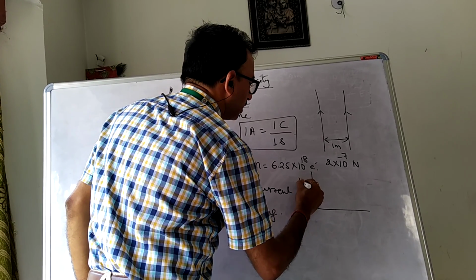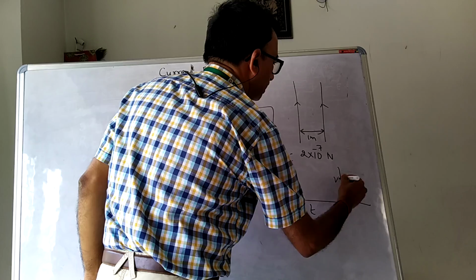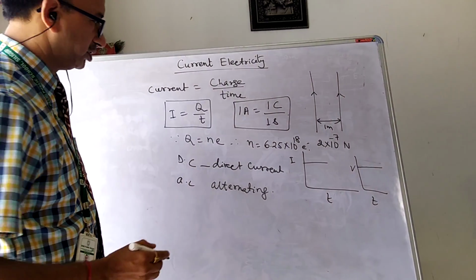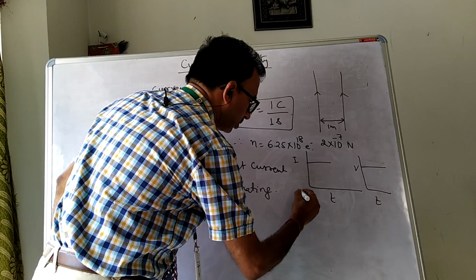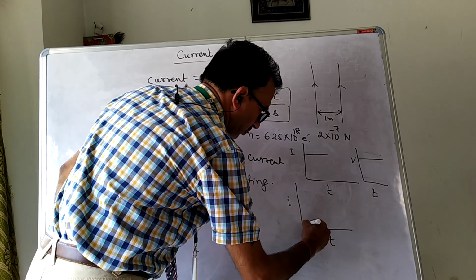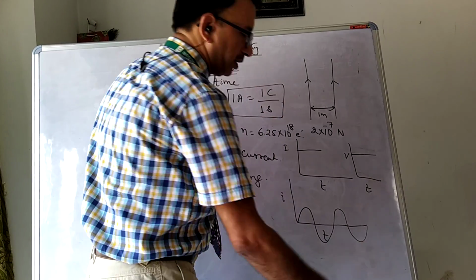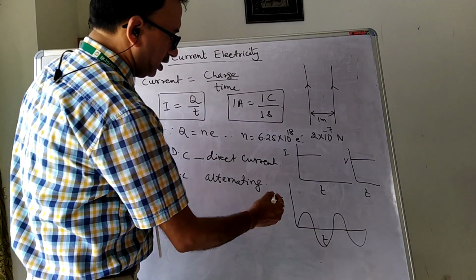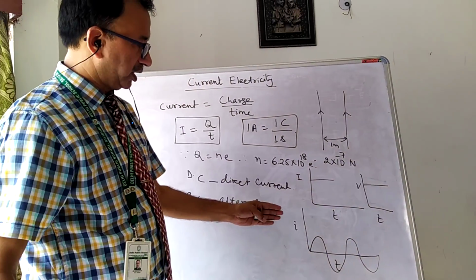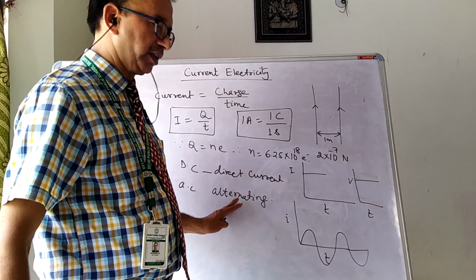When you plot a graph of I versus t or V versus t, the graph is like this. This is called a DC source or DC current. But when we plot the current I versus t and it varies with time, we call it alternating current or fluctuating current. Either you can plot I or you can plot V.